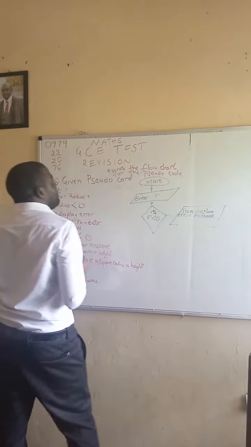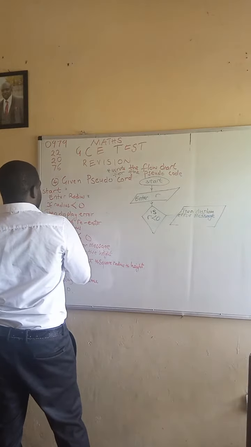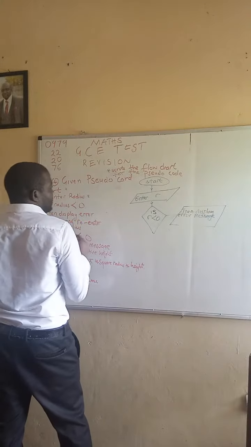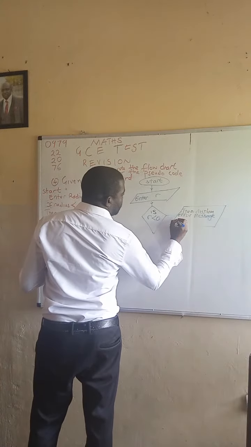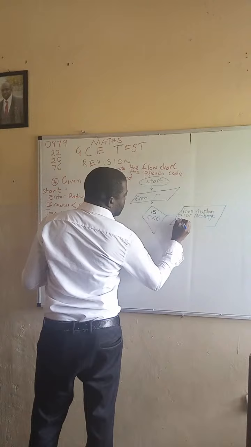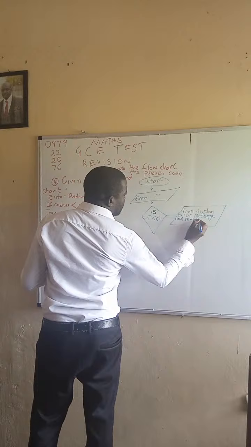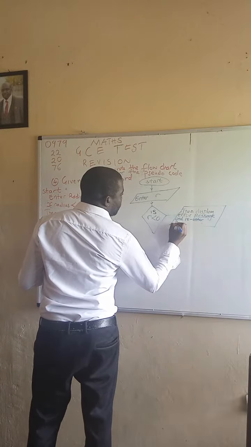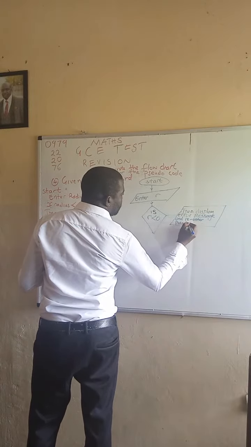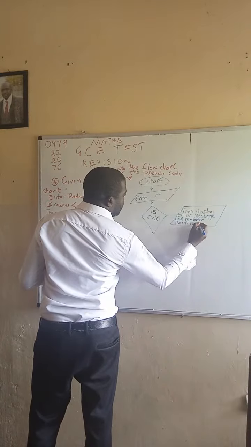Then display error message. Retype positive radius. And you retype or re-enter positive radius.